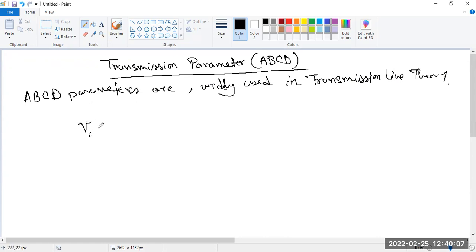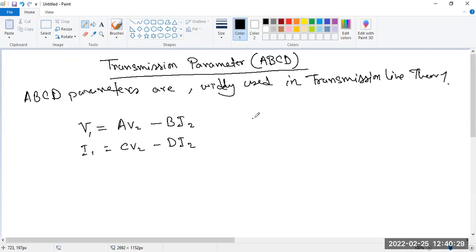Okay, so what is ABCD parameter? ABCD parameter is V1 equal to A V2 minus B I2. Okay, because I2 is entering. And I1 is C V2 minus D I2. Okay, this is the ABCD parameter.